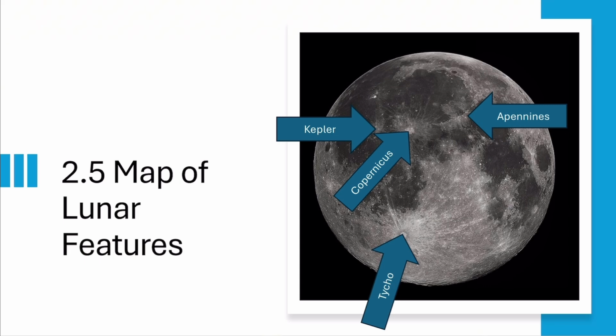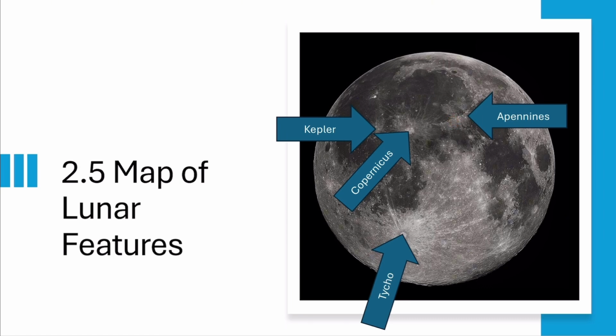Okay, next we're going to talk about features of the moon. You need to memorize and be able to label the positions of these features of the moon, and you also have to be able to draw it out. So Tycho is a crater, Copernicus is a crater, Kepler is a crater, and the Apennines are a mountain range.